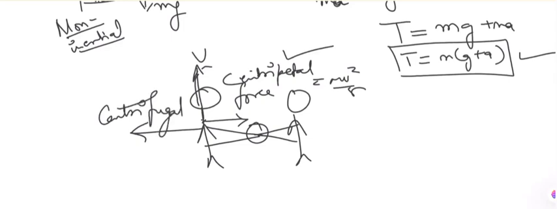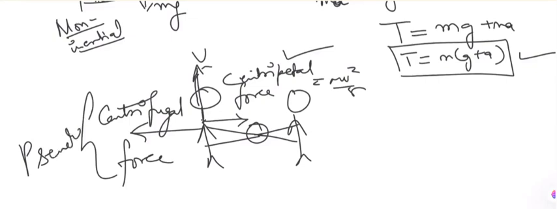One more force comes into action, which is a pseudo force again. This is a pseudo force, which does not exist in nature, but it acts when the person is in a non-inertial frame of rotation. Whenever you are applied with centripetal force towards the center, if this is my mass m, it applies a force mv square over r towards the center along the radius.